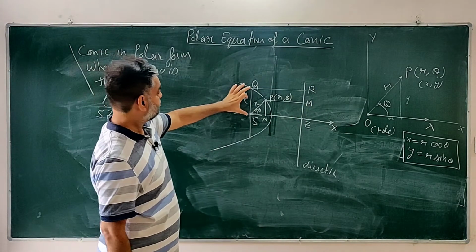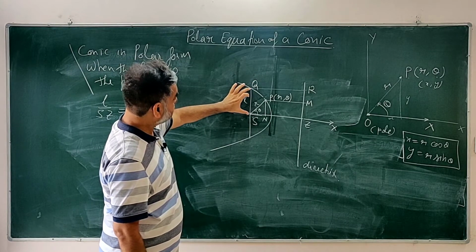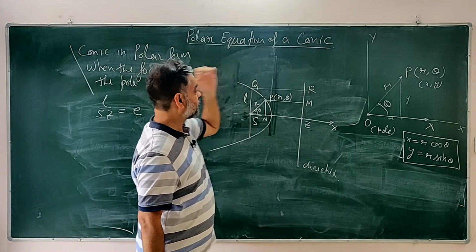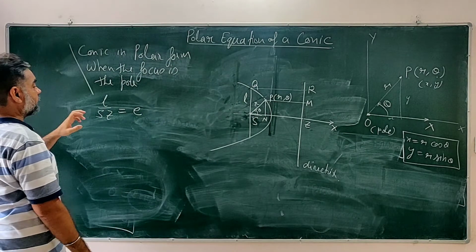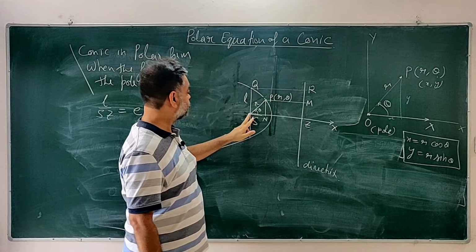So this length L divided by QR is equal to E, but QR is equal to SZ.